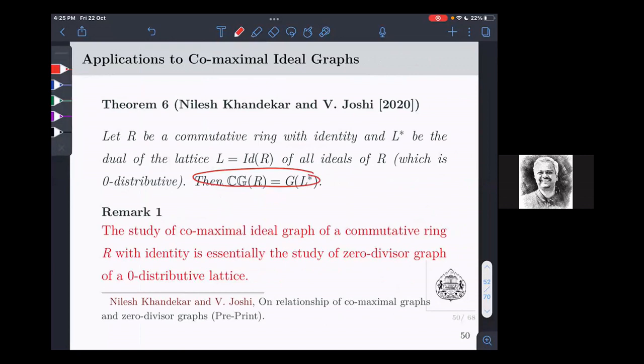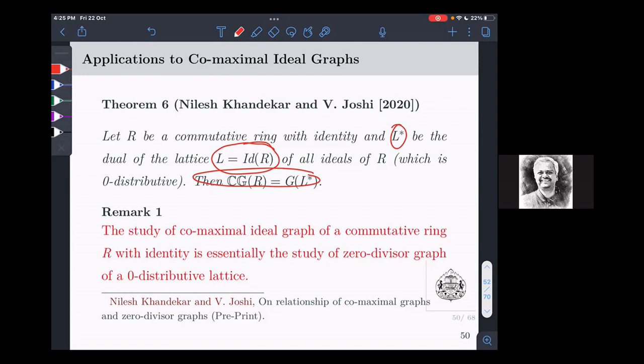And what we did here, this is a result with my student Nilesh Khandekar. We are able to prove that the co-maximal ideal graph of a ring R is nothing but the zero divisor graph of L star. What is L star? L star is the dual of IDR. Means again, there is no need to look at the co-maximal ideal graph.